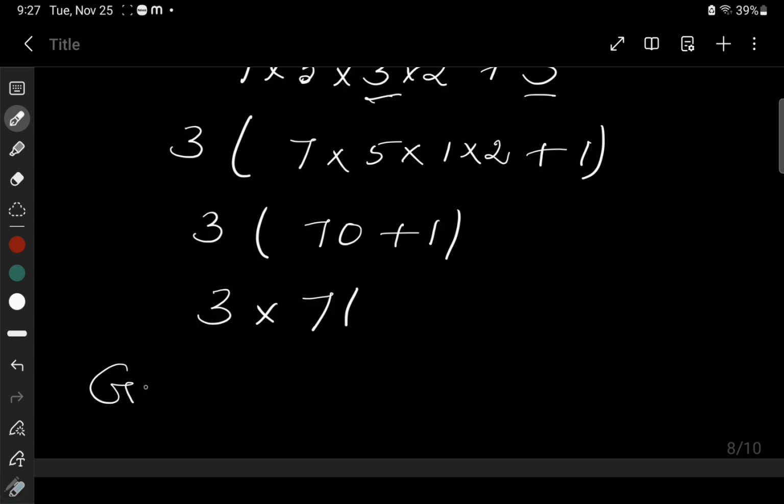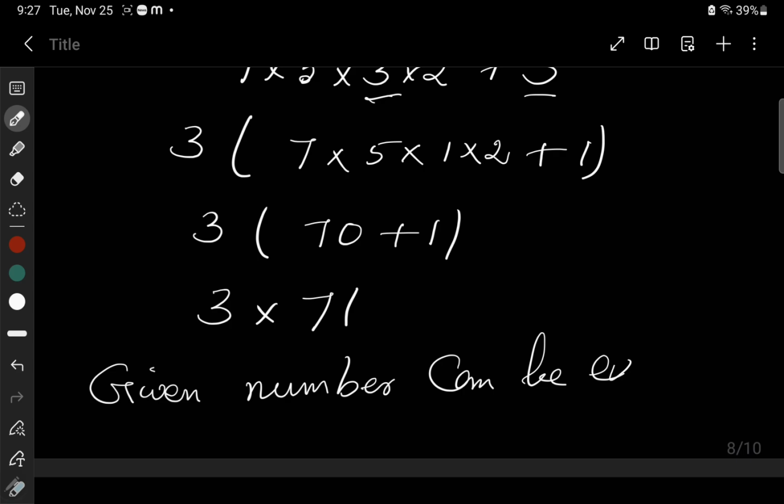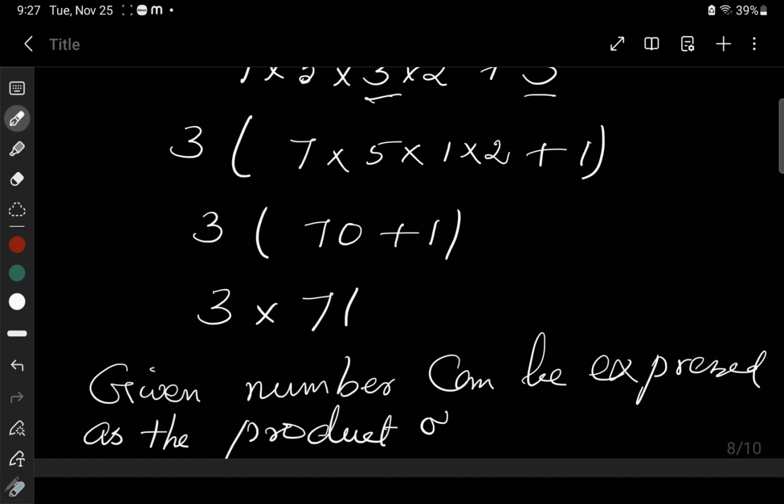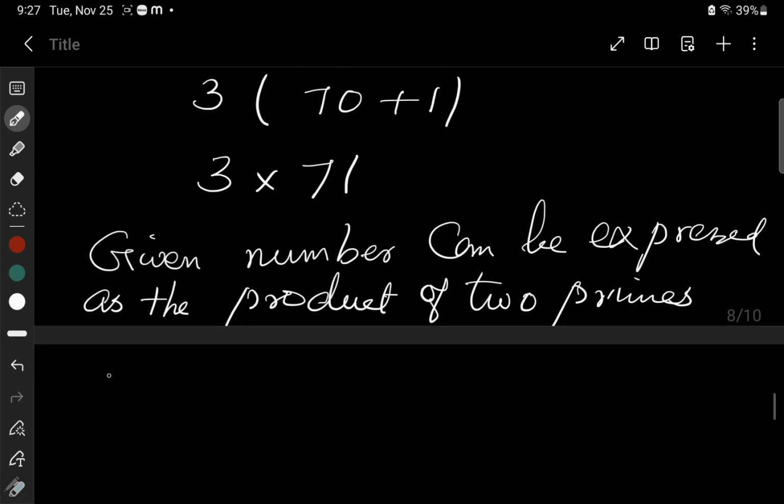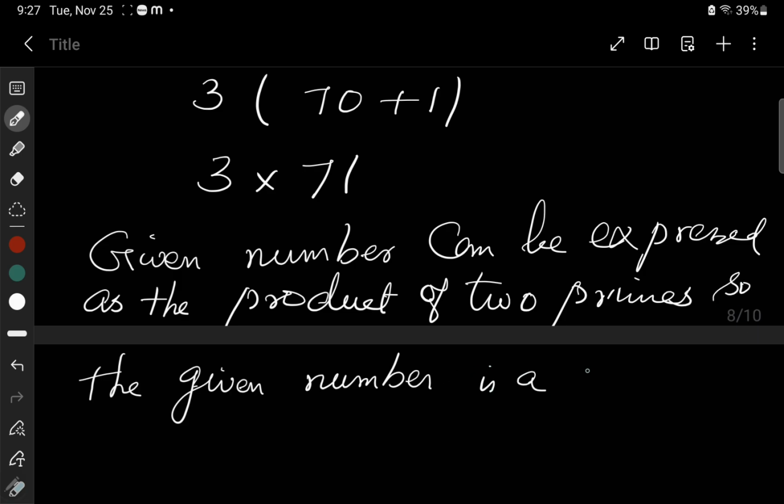So the given number can be expressed as the product of two primes, or maybe two numbers, any number. So it is a composite number. So the given number is a composite number.